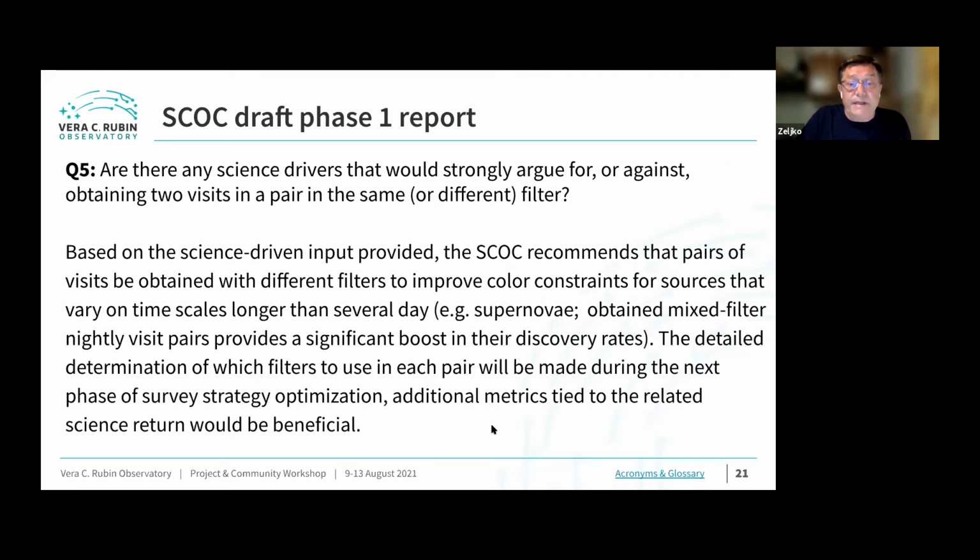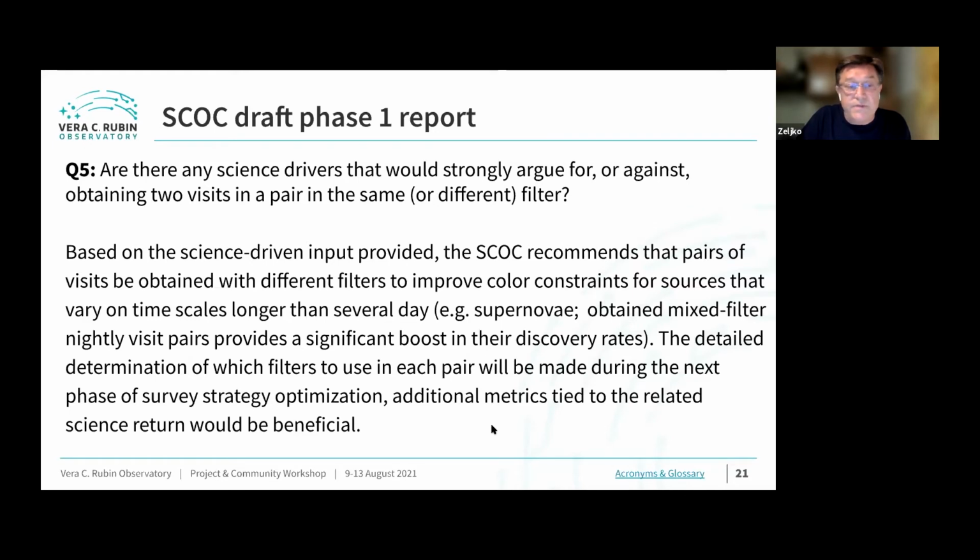Then there is this question of whether you want to use the same filter or a different filter in a nightly pair of visits. If you use the same filter, you can measure the brightness derivative quite accurately, but you don't know anything about the color of a new transient. If you use different filters, then you can measure color quite accurately, especially for objects that vary on day or week timescales, like supernovae.